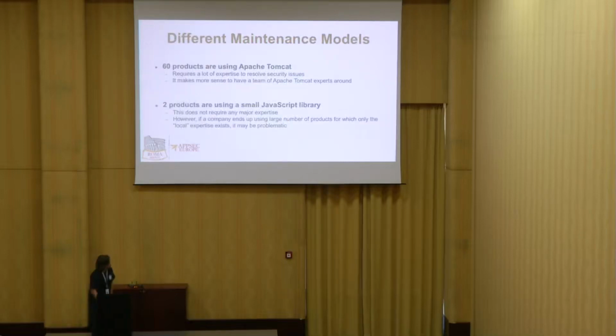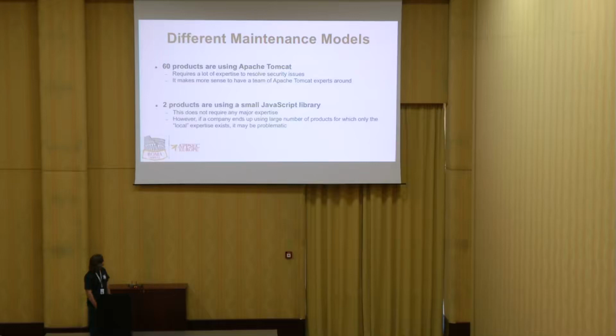And also what we learned after speaking with developers, which is quite obvious actually, is that all of these factors that characterize the project might also influence the different maintenance strategies that could be applied to them. To give you a short example, one extreme is that you have 60 products, and for these 60 products, you ship Apache Tomcat as the core component.